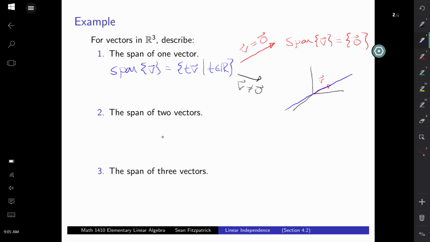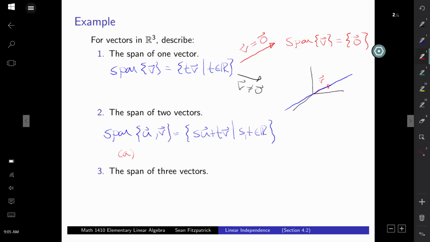Similarly, if we were dealing with the span of two vectors, say U and V, by definition this would be the set of all things that look like S times U plus T times V, where S and T are real numbers. But then again, you look at what the possibilities are. There are some cases here.